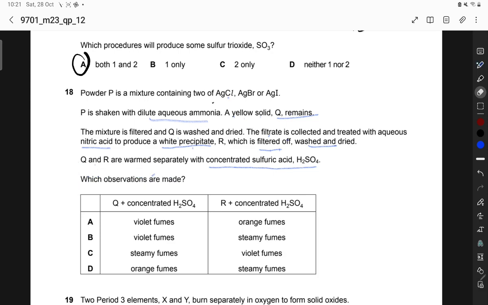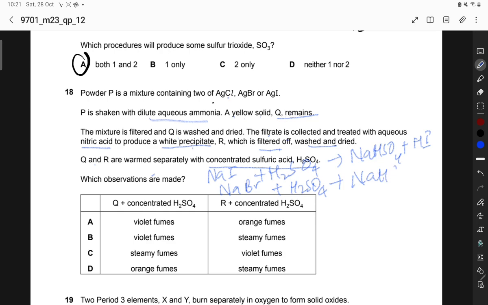Like we have seen in the syllabus equations, NaI and NaBr when treated with sulfuric acid give NaHSO4 plus HI, or similarly H2SO4 and NaBr give NaHSO4 plus HBr.